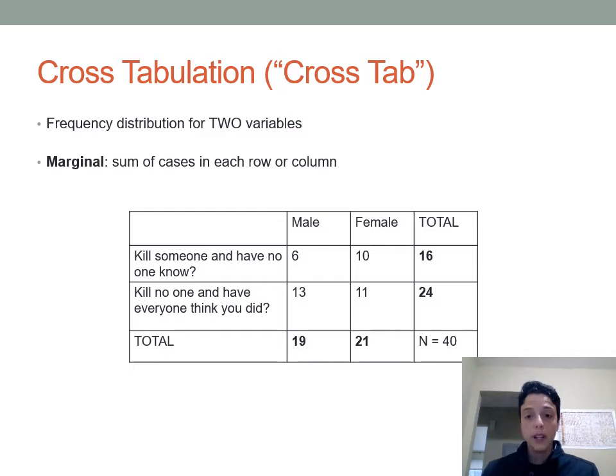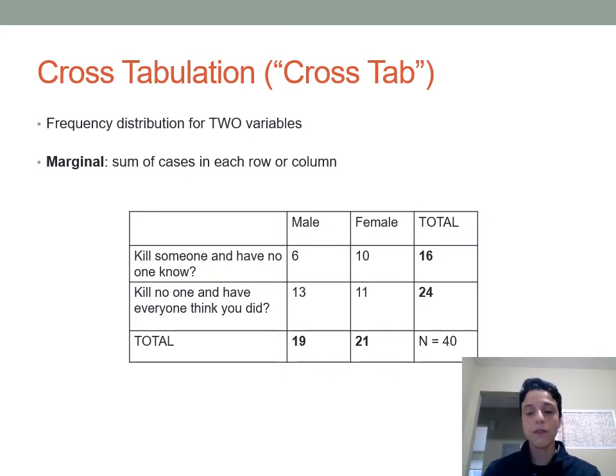Finally, if you either add up your column marginals or add up your row marginals, you'll get the total number of people who responded to the question. So if you look at that last column there where we have a 16 and a 24, if you add up 16 and 24, you get 40. So 40 people said that they would either kill someone or kill no one, right?